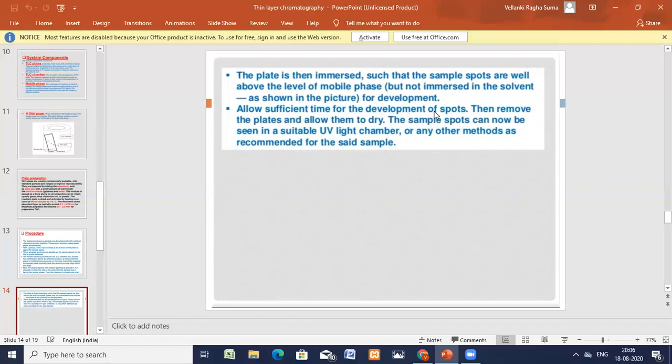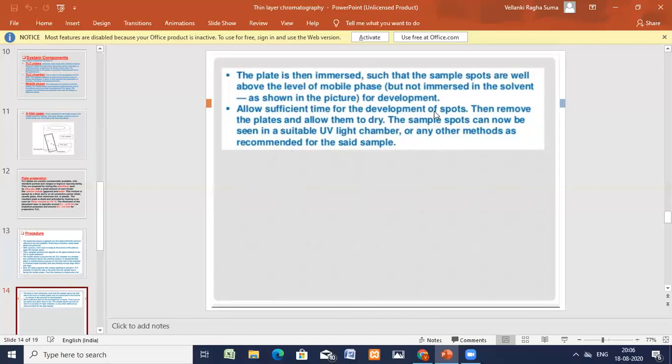As the mobile phase is absorbed by the adsorbent and moves along the sample spots, the components move with different speeds between the stationary phase and the mobile phase. The mixture contains different components.